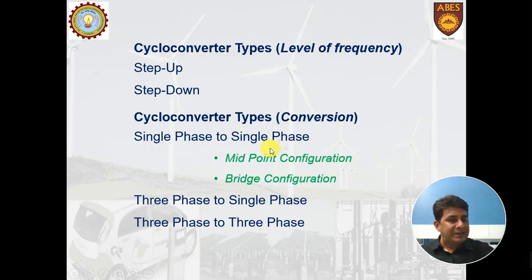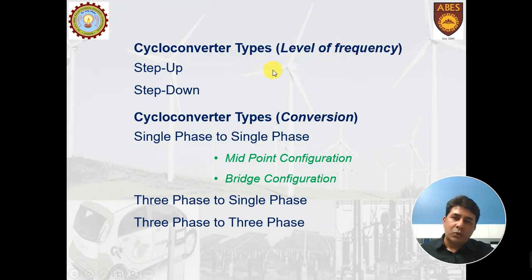Cycloconverters may be categorized in different ways. However, for the sake of our understanding only, I am giving you a very basic differentiation about the cycloconverters. The very first kind of classification can be done on the level of frequency.